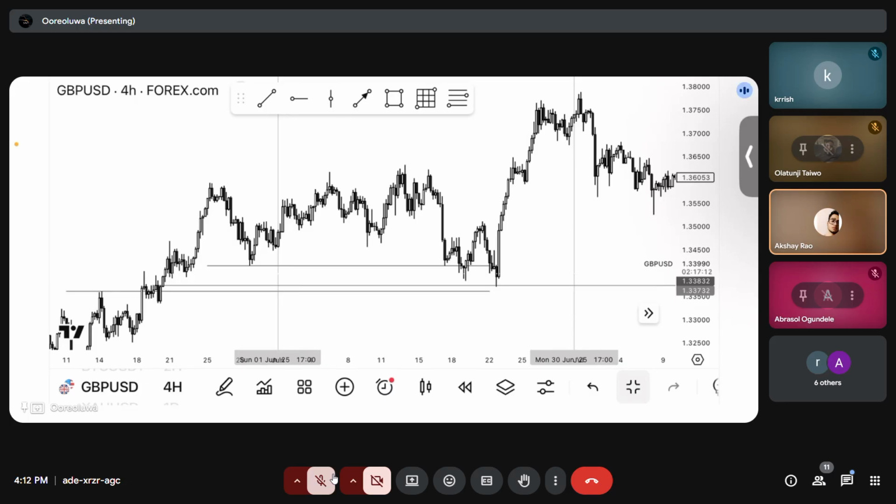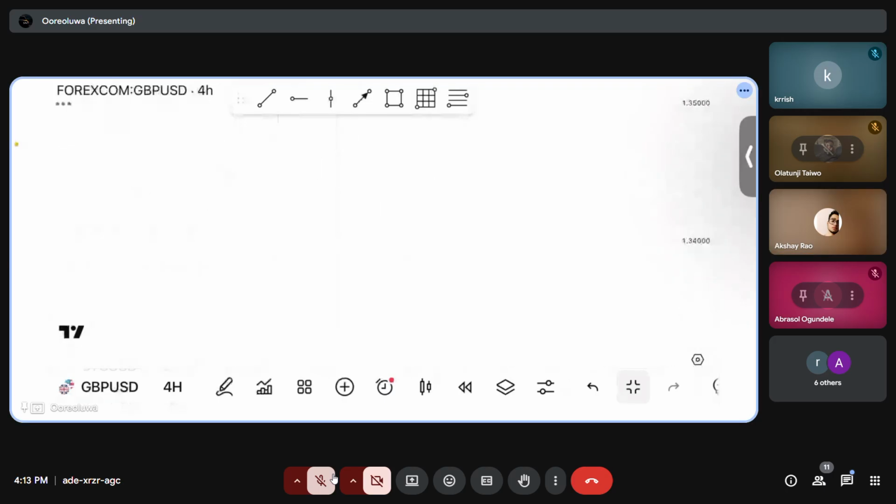So at this point, you mark the Asia actually. Mark the Asia. Then you expect there should be a key level, right? Hold on guys.